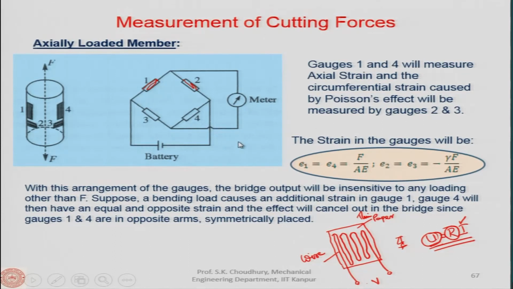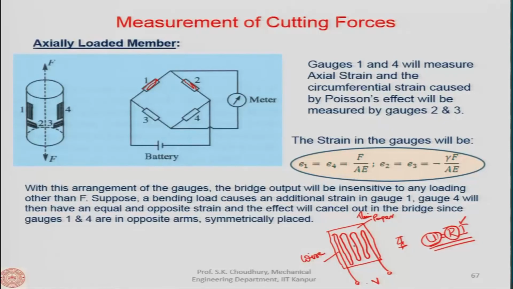Now, of course, these strain gauges are quite old fashioned, in the sense that these days they are no longer used because they are not very reliable. They have been found to be not very reliable, since they are very thin wires. This is a spiral wire which is very thin, because it has to be very sensitive.